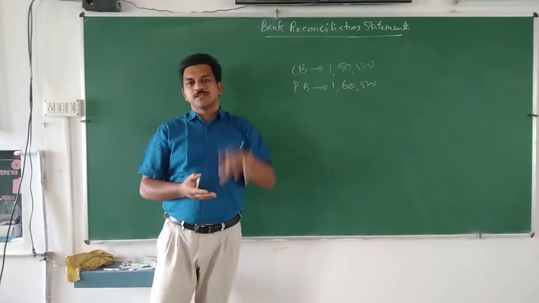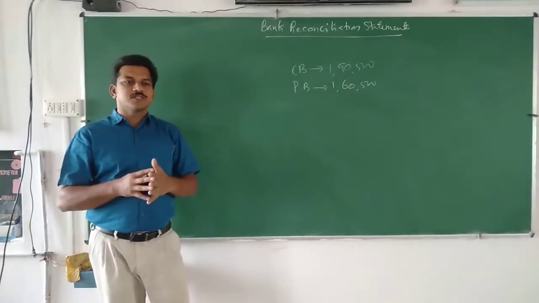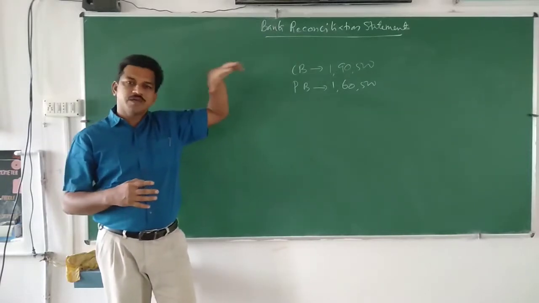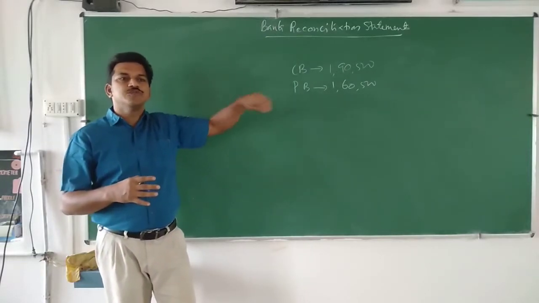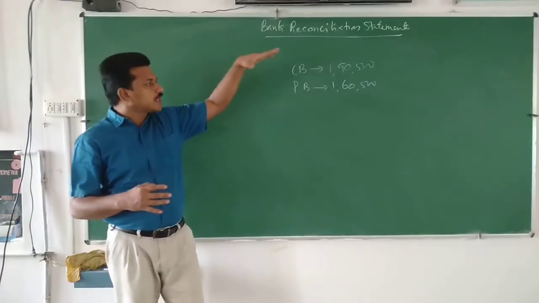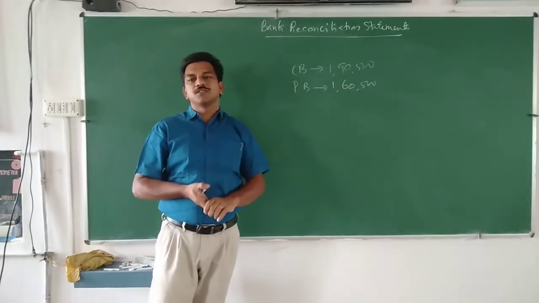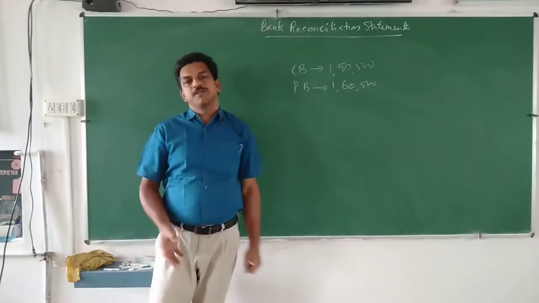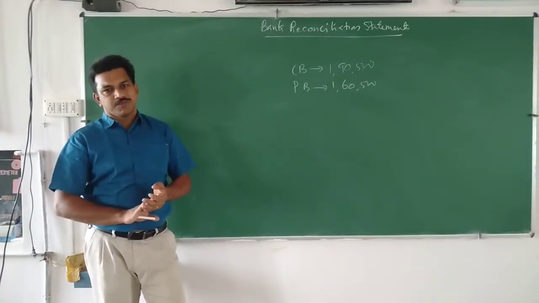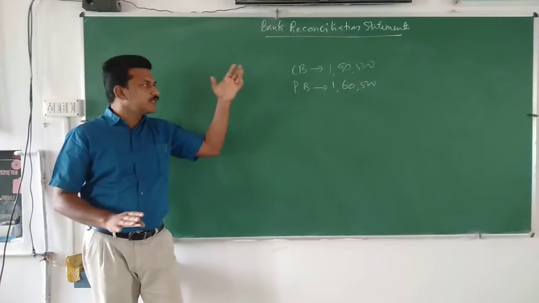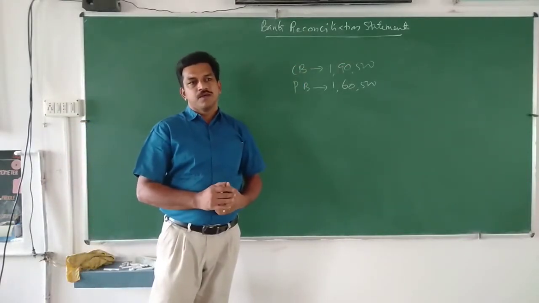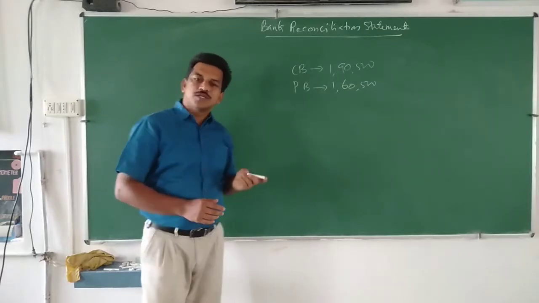It may not be a mistake; it will be due to various situations. In order to reconcile the cash book balance with the passbook balance, you prepare a statement that is called a bank reconciliation statement. So that is called a bank reconciliation statement.